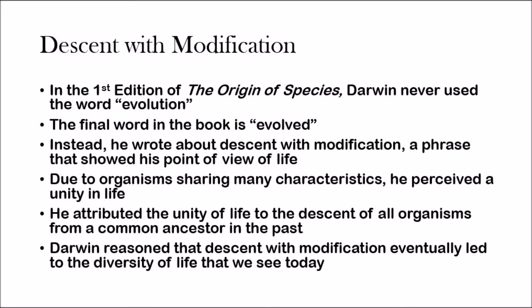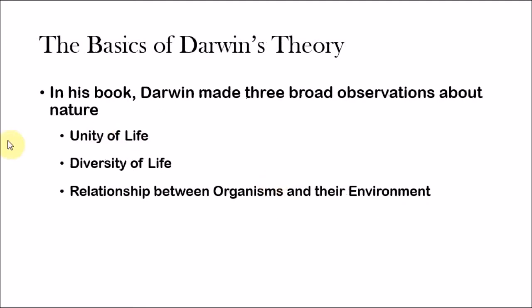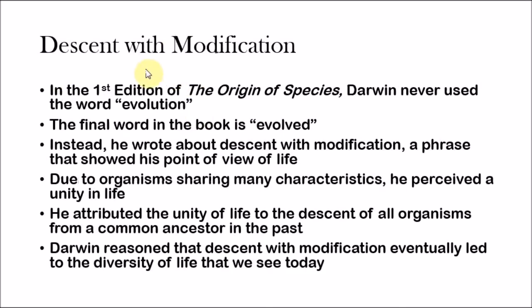And he reasoned that although all these organisms came from that common ancestor, descent with modification is really why we have the diversity. So again, if you look here, the unity of life basically means that everything came from a common ancestor, and the diversity of life, the different traits within different organisms, is because of descent with modification.